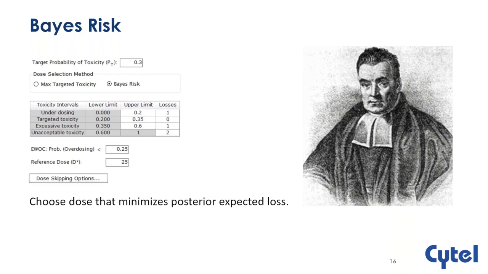Once you have these three elements, then you can naturally construct the posterior expected loss and therefore assign the next cohort to the dose level that minimizes that.